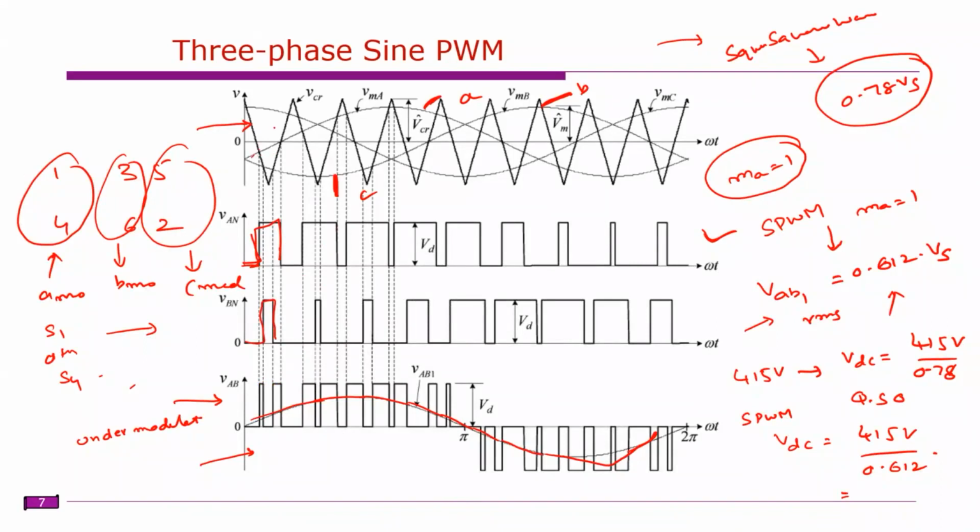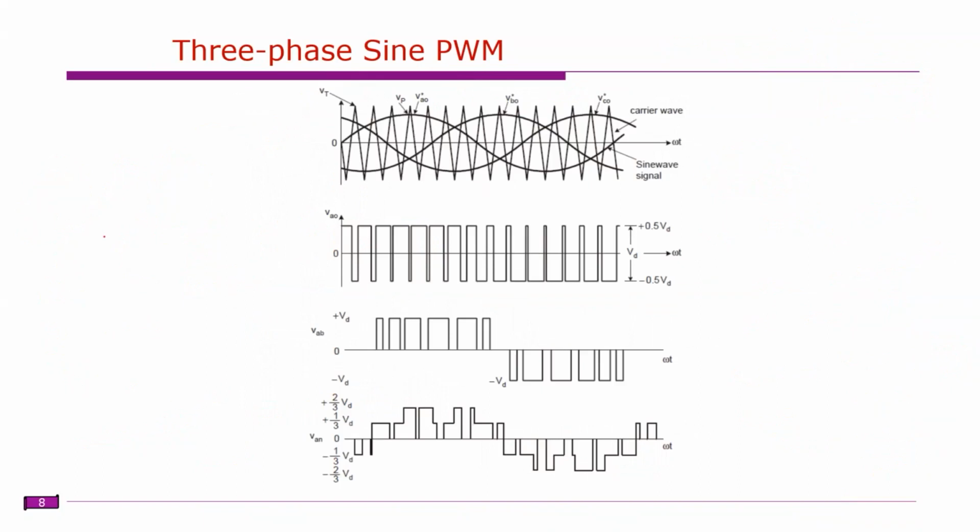For example, if this modulating signal is something like this, some of the pulses will be skipped, or some of the intersecting points will be skipped. So instead of getting these kind of pulses, you will get a large pulse, and whatever linearity is there will be lost. So that's why from 0 to 1 of MA, we have the linear range.